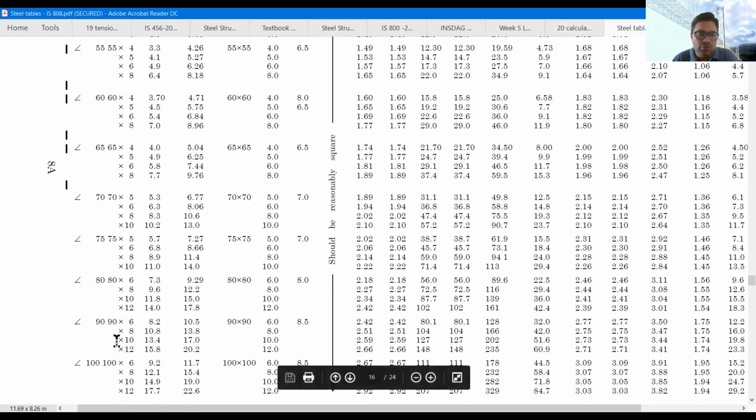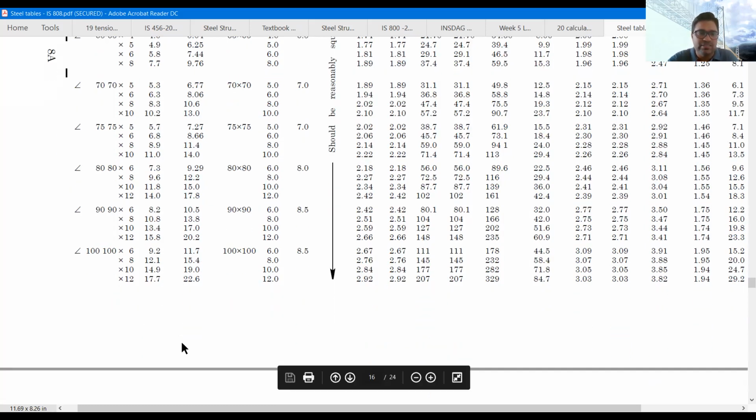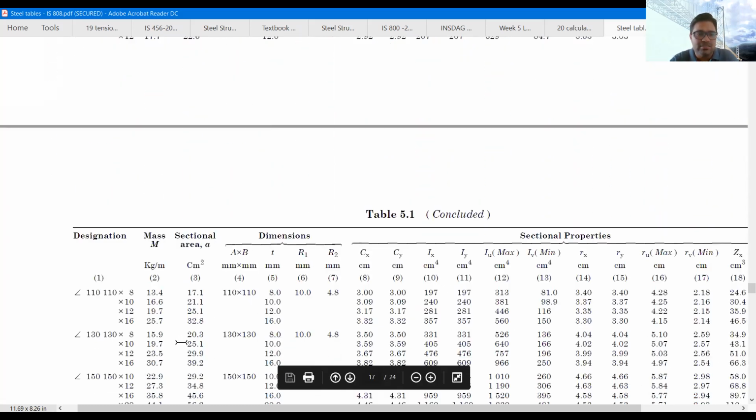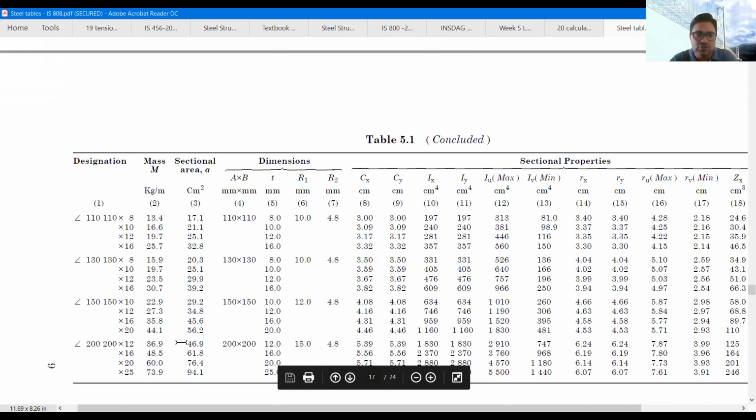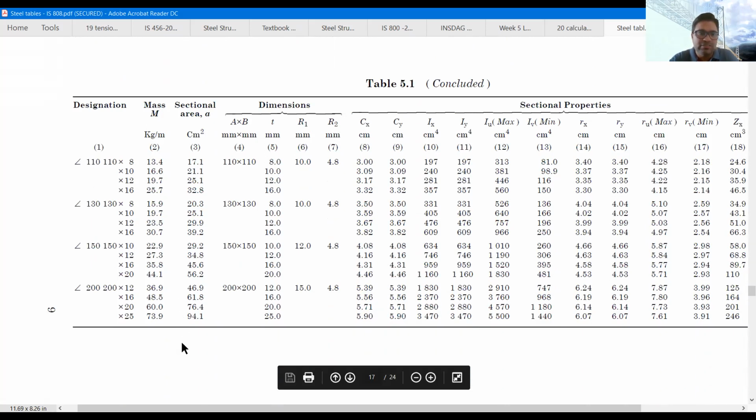Now go to the next section, which is 90 by 90 by 8. In this case, you can see that the sectional area is 13.8. Well, it is quite near to the 12.76 value. We may also explore other sections, like 100 by 100 or 110 by 110, but corresponding to these angle sections, the areas are higher than 12.76.